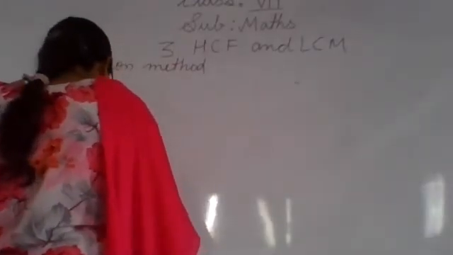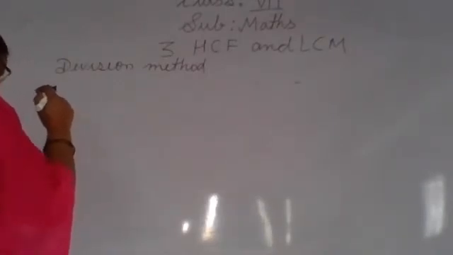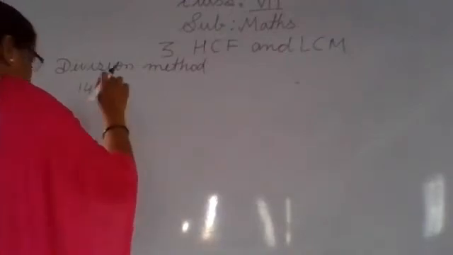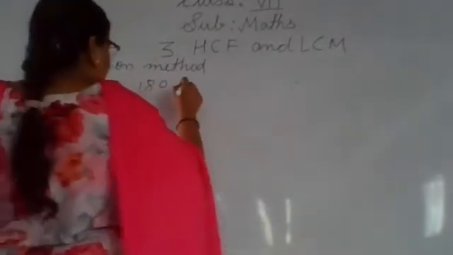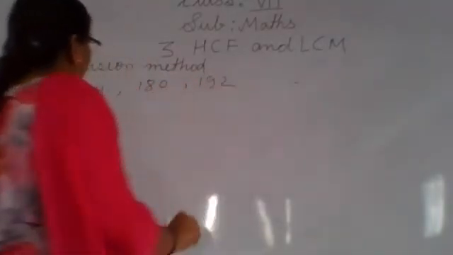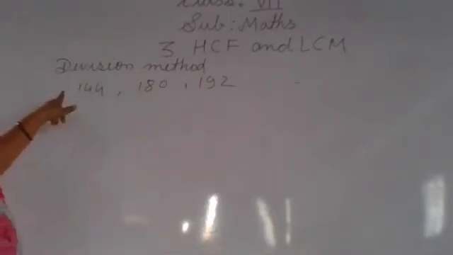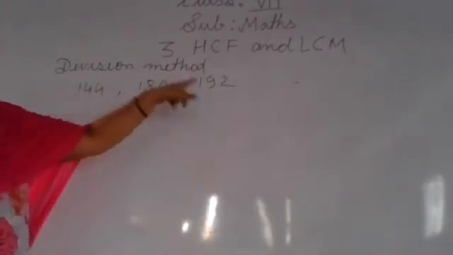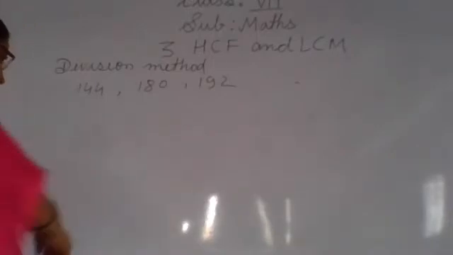Okay, so let's learn to find the HCF of 144, 180 and 192. So beta, here you have to find the HCF of these three numbers. So first we will find the HCF of two numbers, then take that HCF and the third number and find their HCF. Okay, so let's start.